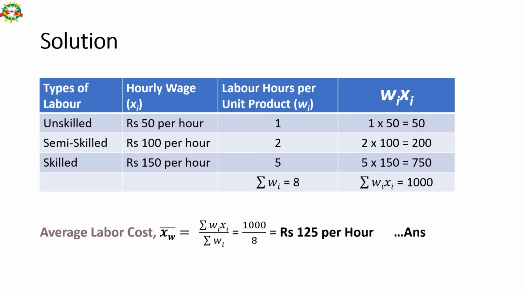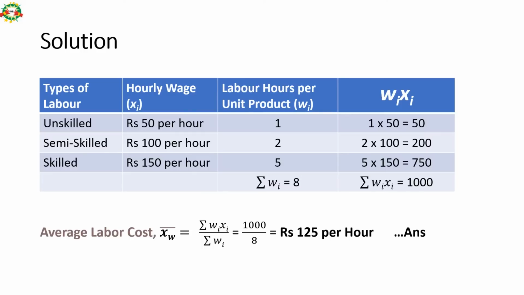That means wixi is equal to 1 multiplied by 50, which is 50. Likewise for semi-skilled, 2 multiplied by 100 is equal to 200, and for skilled labor, 5 multiplied by 150 is 750. So the total summation of wixi is 1000 rupees.